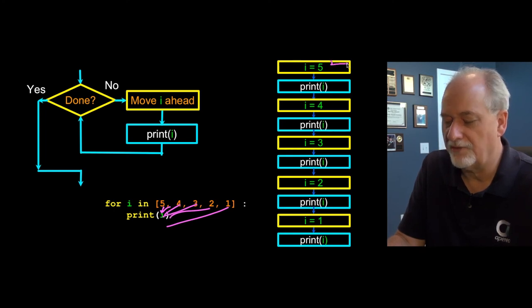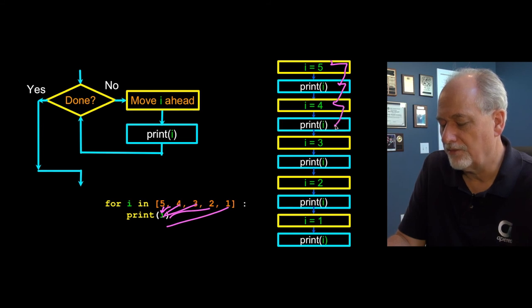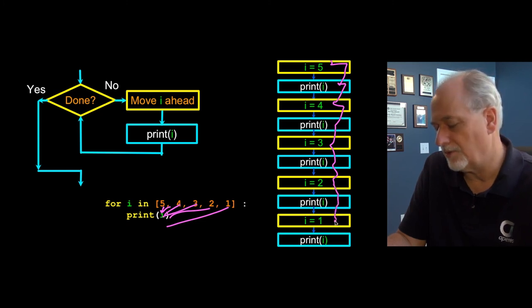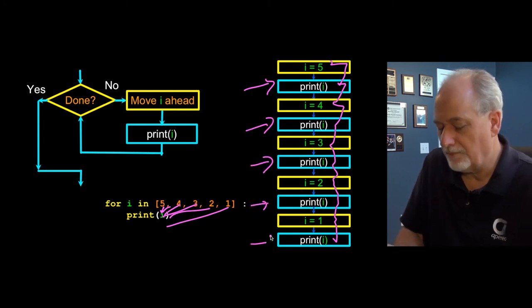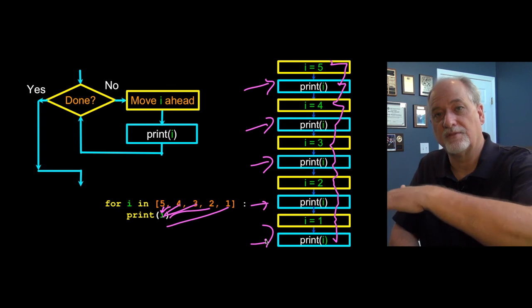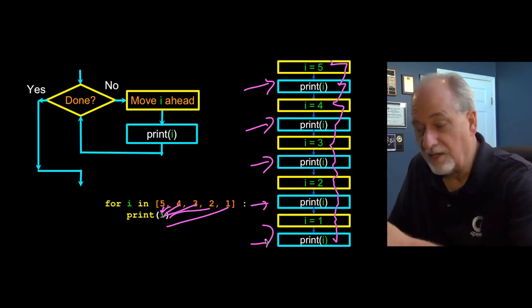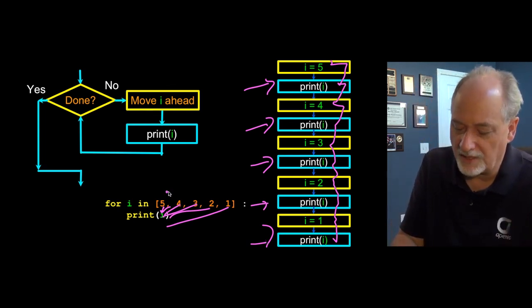So you could imagine this might be what's going on. The for loop sets I to 5, runs our code. The for loop sets I to 4, runs our code. Sets I to 3, runs our code. Sets I to 2, runs our code. Sets I to 1, and runs our code. All we know is our code was run 5 times, and by contract, each successive time, we get a different value for I, and the value for I is taken from this set.